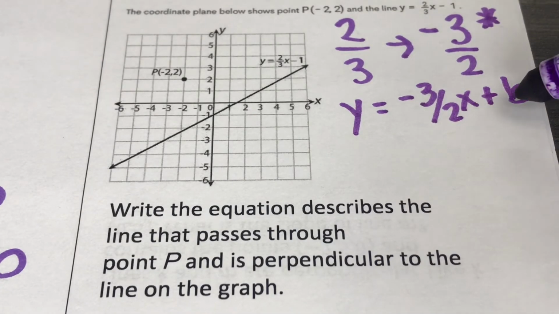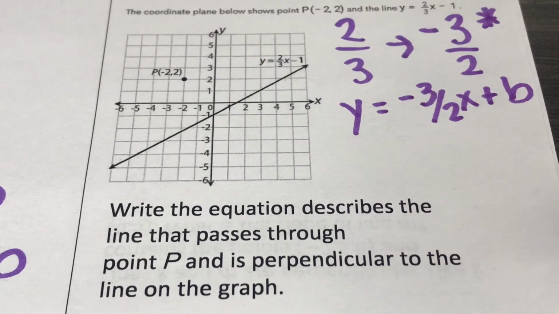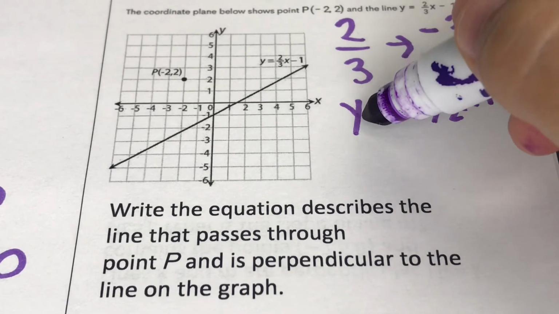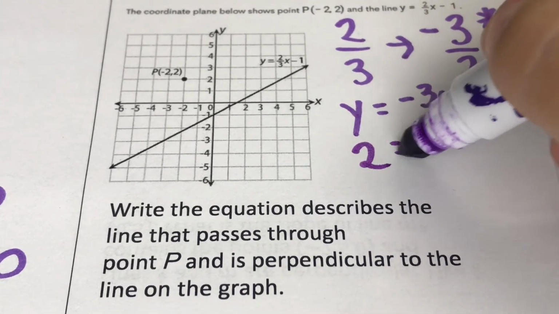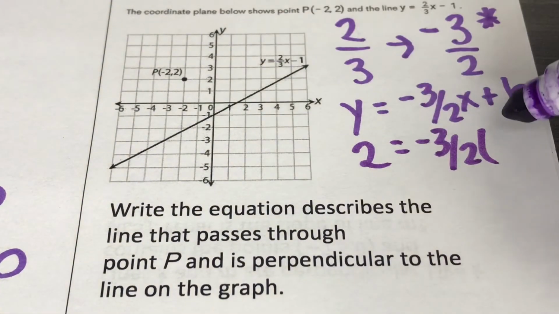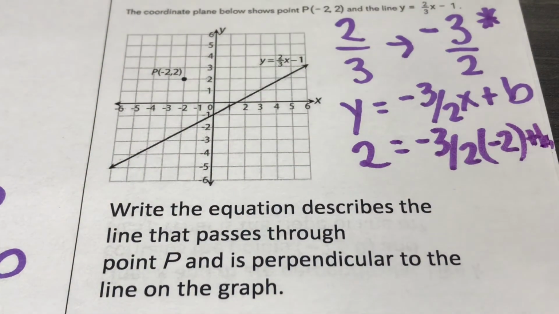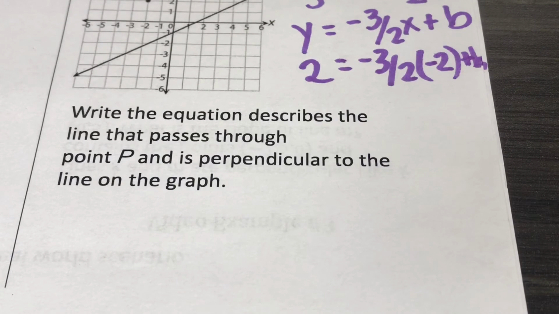We're trying to find the y-intercept of the line that's perpendicular to our given line and goes through the point negative 2, 2. So we plug in negative 2 and 2 for x and y to solve for b. Our y is given by a 2. Negative 3/2 is now being multiplied by negative 2, plus b. Let's simplify the right-hand side of the equal sign.